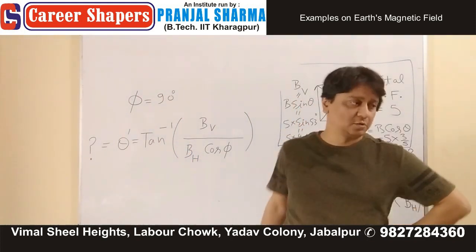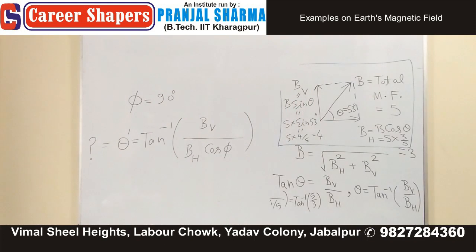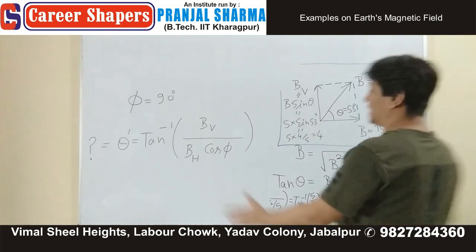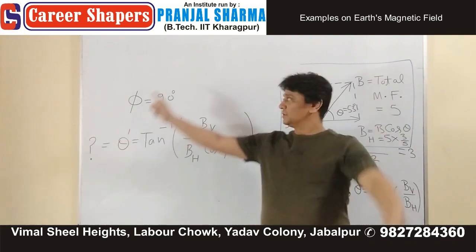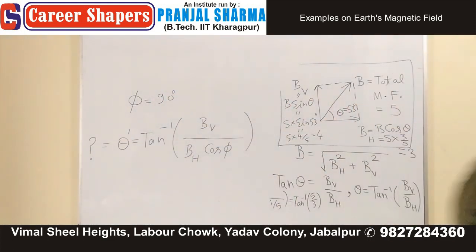Can you answer the question now? I have written the formula on the board and I have given you the value of phi. What was phi? Phi was the angle between the planes, which this time is 90.